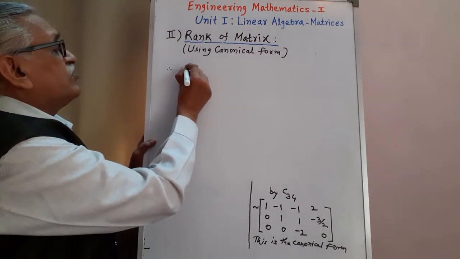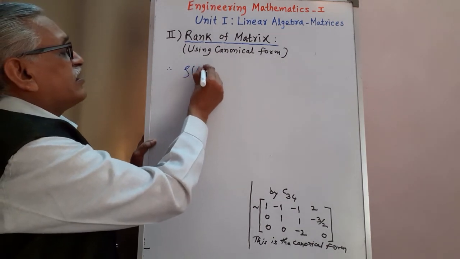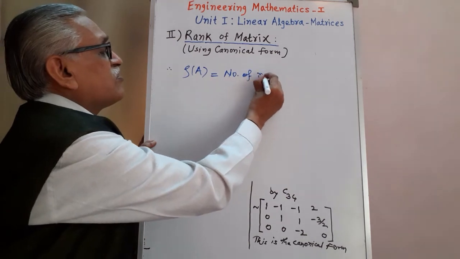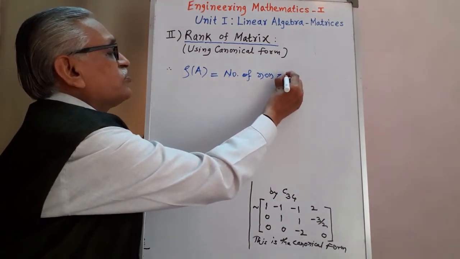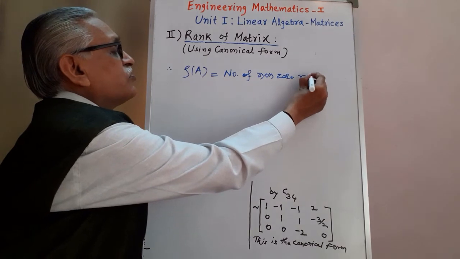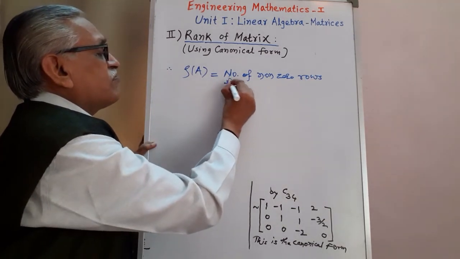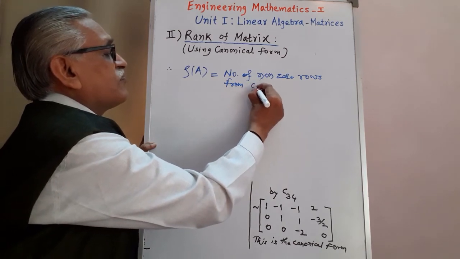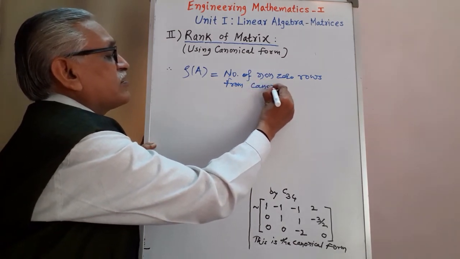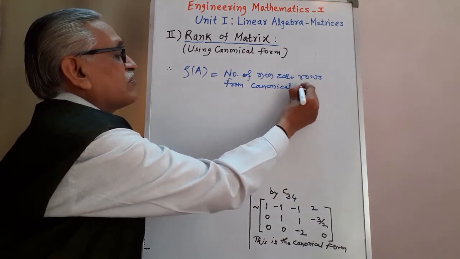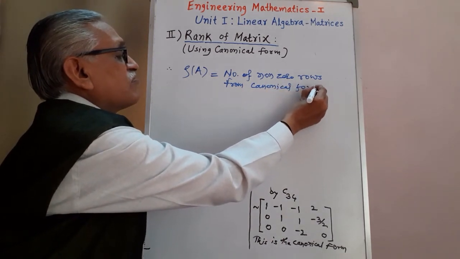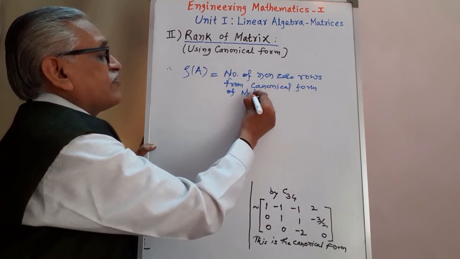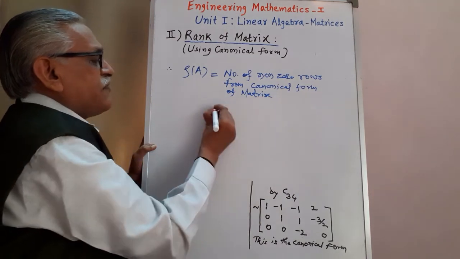Therefore, rank of A is equal to the number of non-zero rows from the canonical form of the matrix.